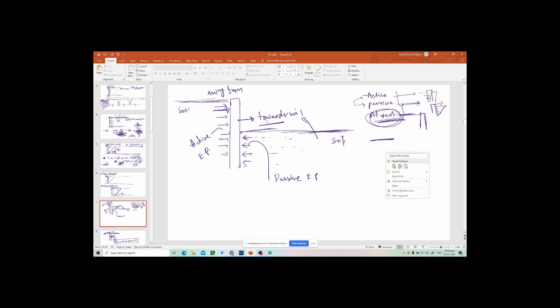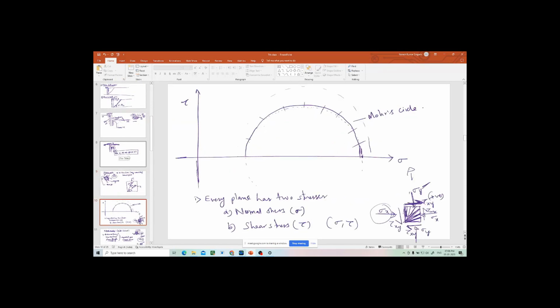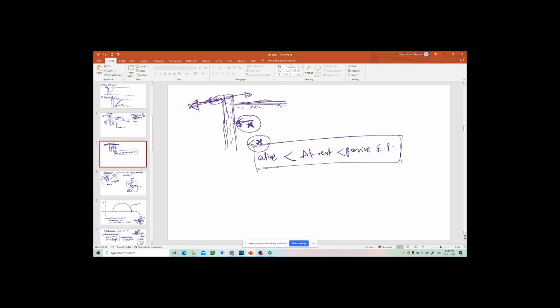The soil on the right side of the retaining wall will fail because the wall is moving towards the soil. In that condition, at the verge of failure, whatever pressure is exerted by the soil on the wall is called passive earth pressure. So this is just a recap. So we understood that active pressure will be less than at rest pressure, which is less than passive earth pressure.